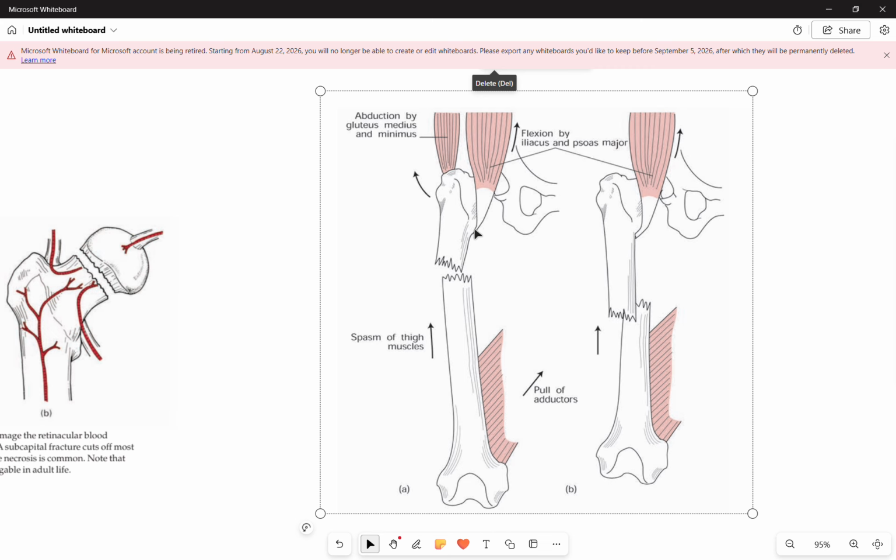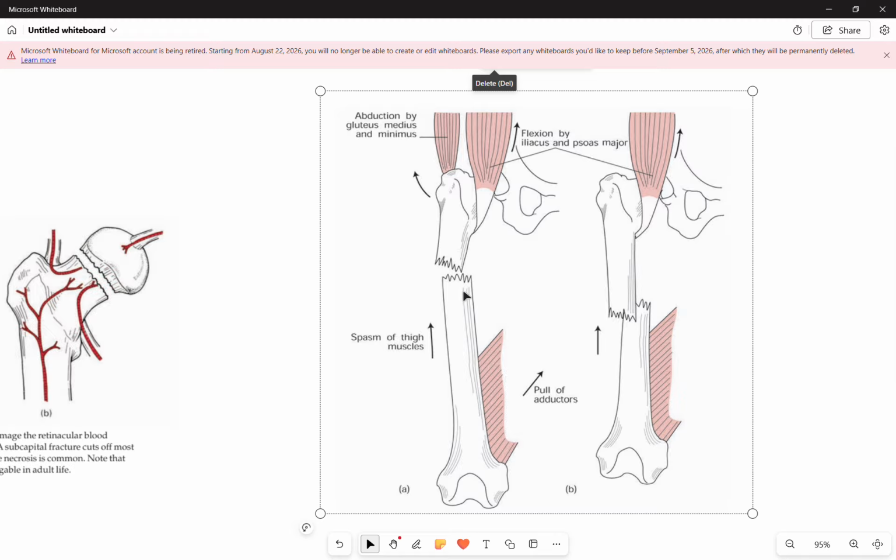Now the proximal segment, the muscles which are acting are iliacus and psoas major, which will cause flexion, and there will be abduction by the gluteus medius and minimus. So this proximal part will go by way of abduction outside.